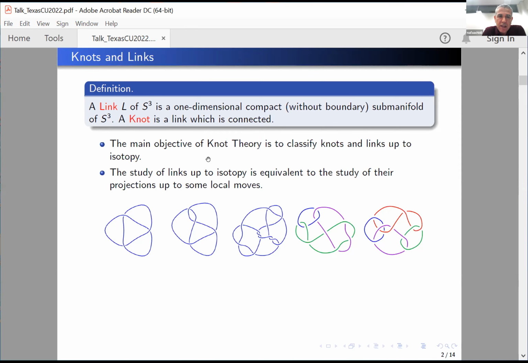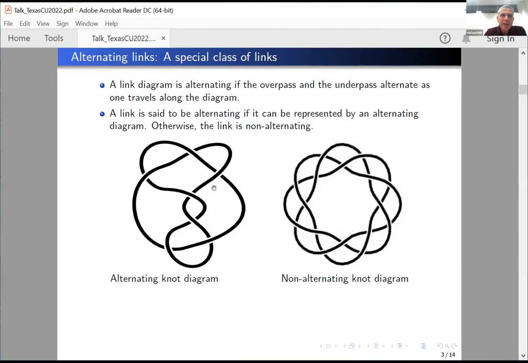And the study of links up to isotopy is equivalent, as we all know, to the study of their projections up to local moves, or Reidemeister moves if you want. So alternating links are a special class which plays a central role in knot theory, and I think yesterday's talk of Jessica was related to this.